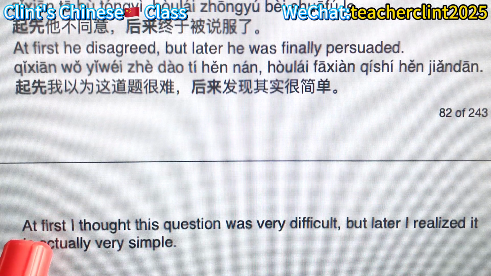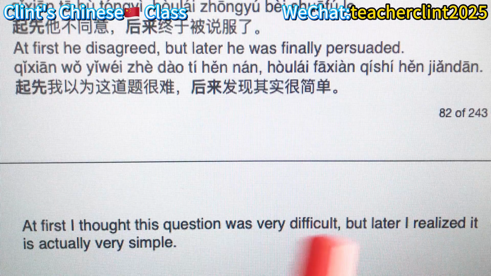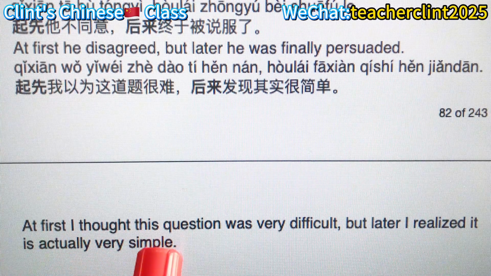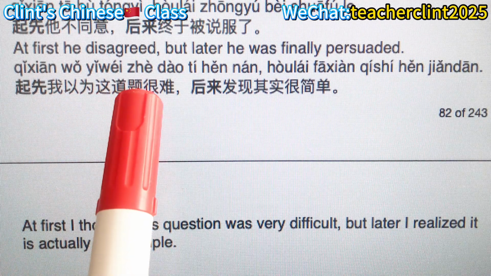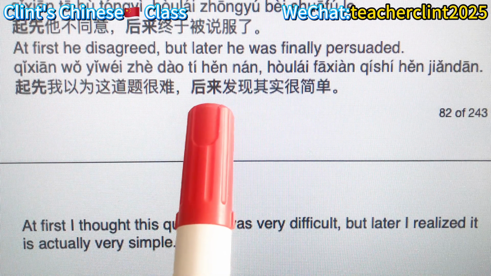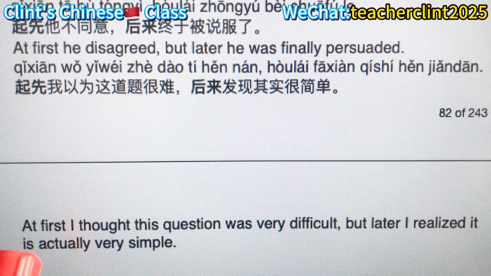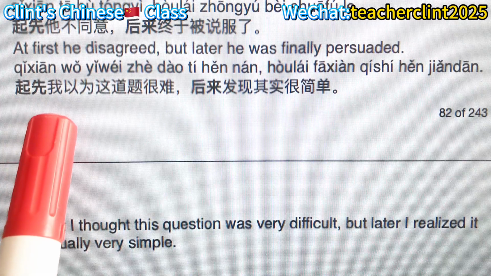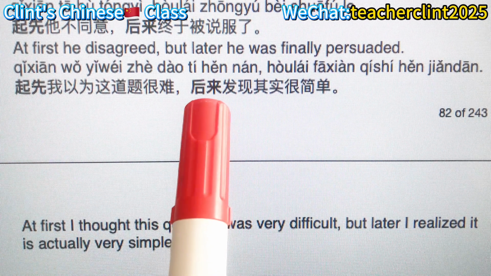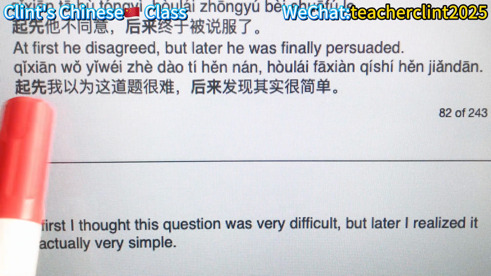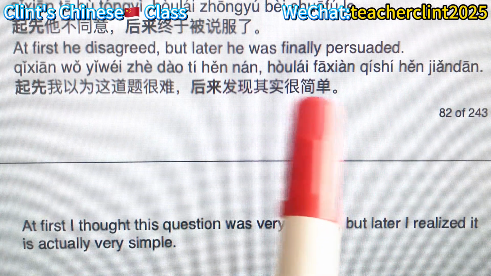Okay, next one. At first I thought this question was very difficult, but later I realized it is actually very simple. 起先我以为这道题很难，后来发现其实很简单。It's a little bit longer. Now 起先 at first, the conjunction here. So at first something, and then 后来 later on something, right?